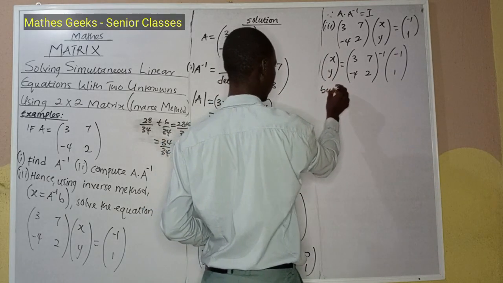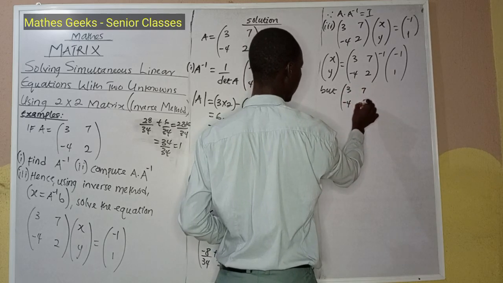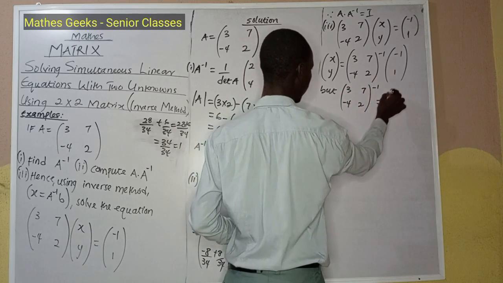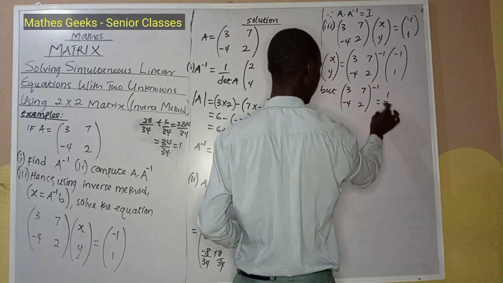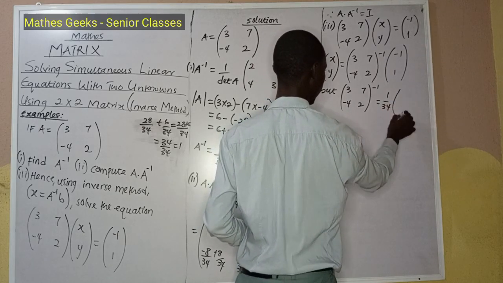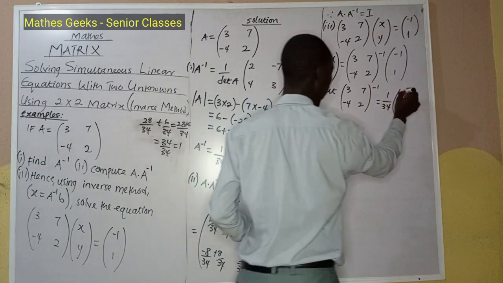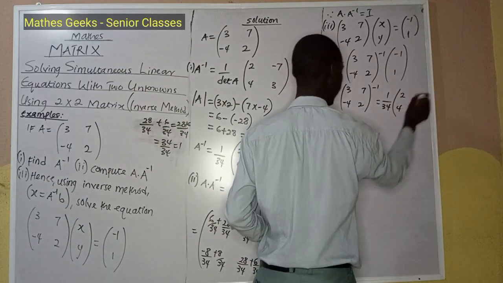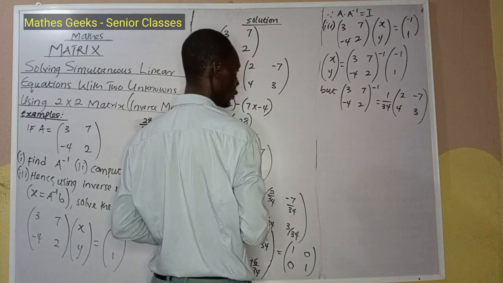But [3, -4; 7, 2] inverse equals 1 over 34, which is this value here, 1 over 34 times [2, 4; -7, 3].